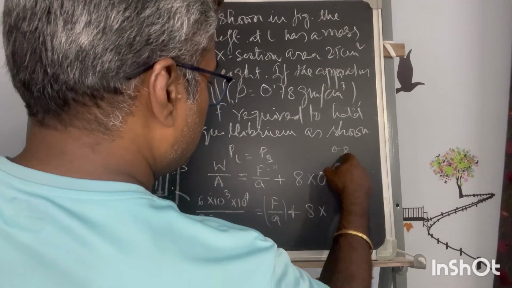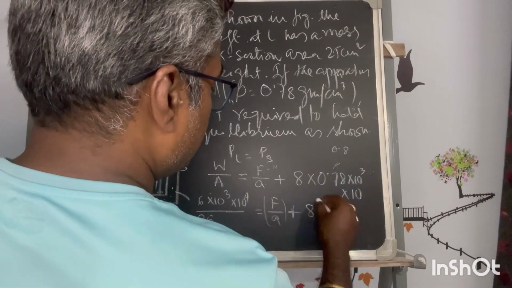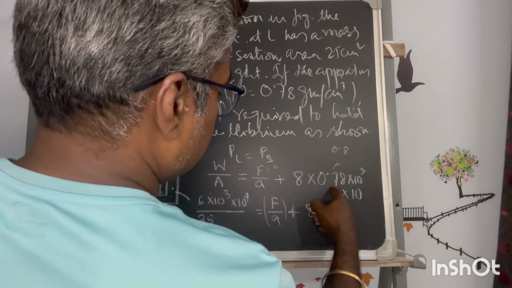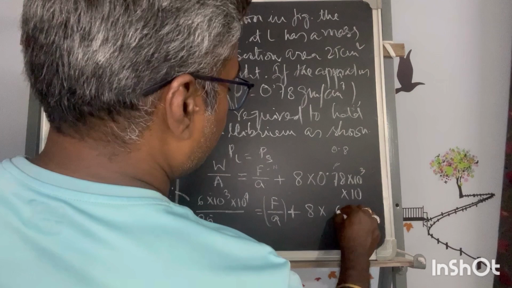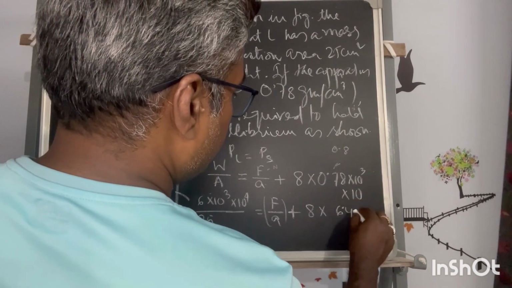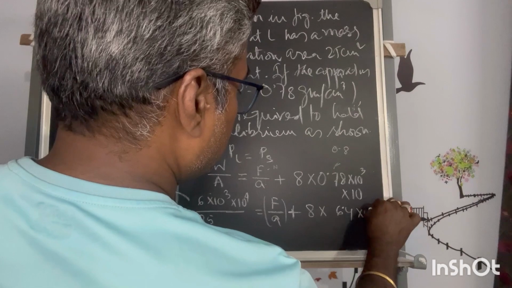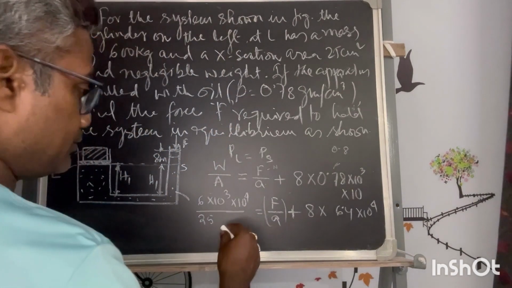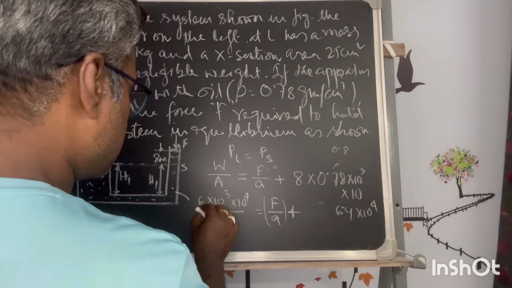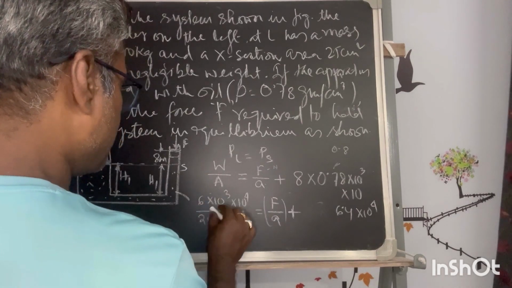This is equivalent to 0.8. 0.8 into 8 is equal to 6.4, and 10 to the power 4. Okay, so this 8 will move from here.